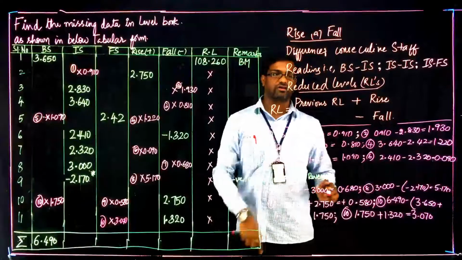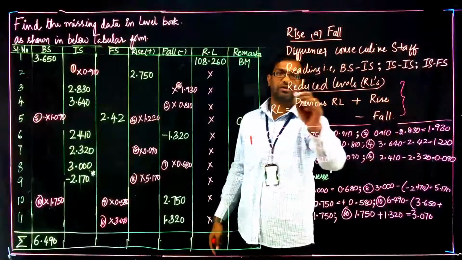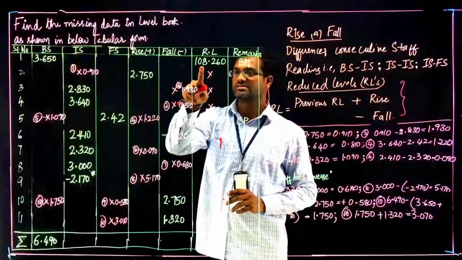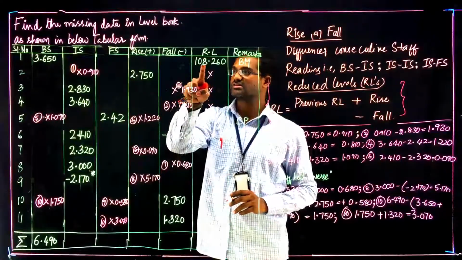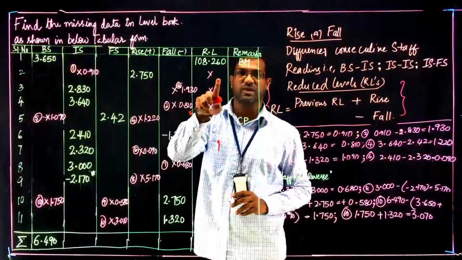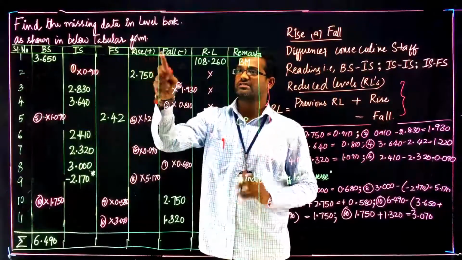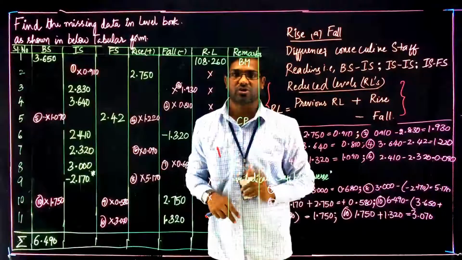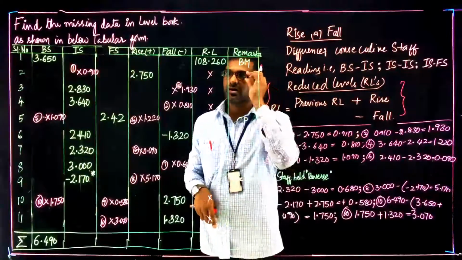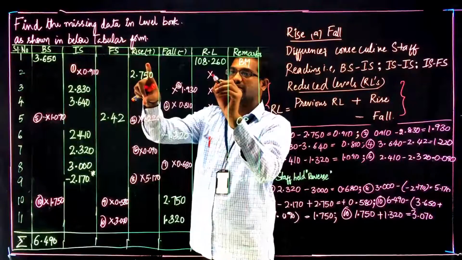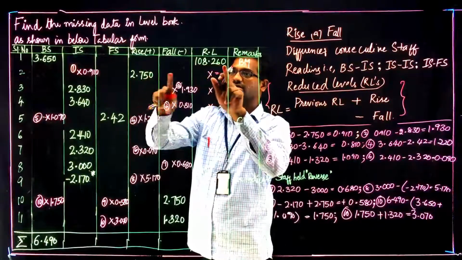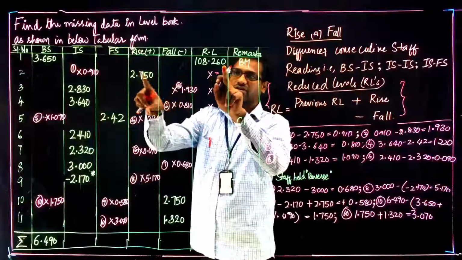The reduced level I have already told you very clearly. The reduced level of this value can be calculated as this plus this, which will give you this value. These three columns, reduced level, rise and fall, we will use in order to calculate the reduced level. Fine. So you will get this value as 108.260. You have to take a look whether it is rise or fall.